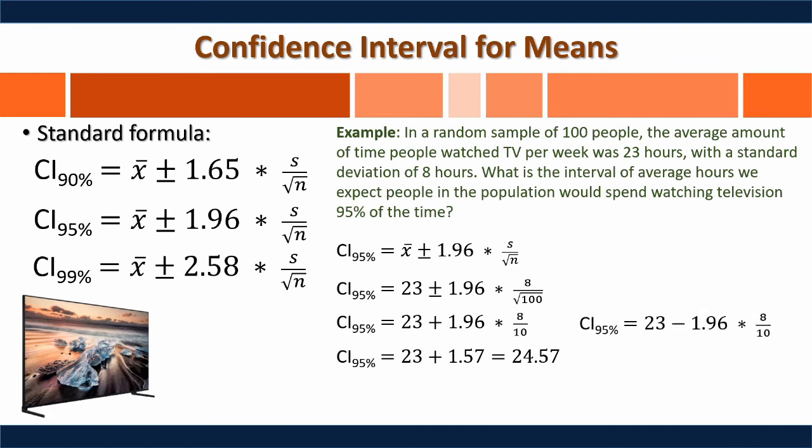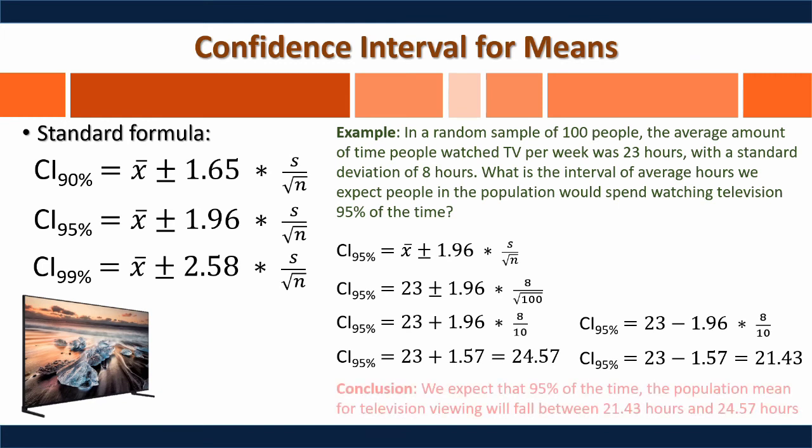It would be 23 minus 1.96 times 8 over 10, which equals 21.43. Our conclusion here would be that we expect that 95% of the time, the population mean for television viewing will fall between 21.43 hours and 24.57 hours.